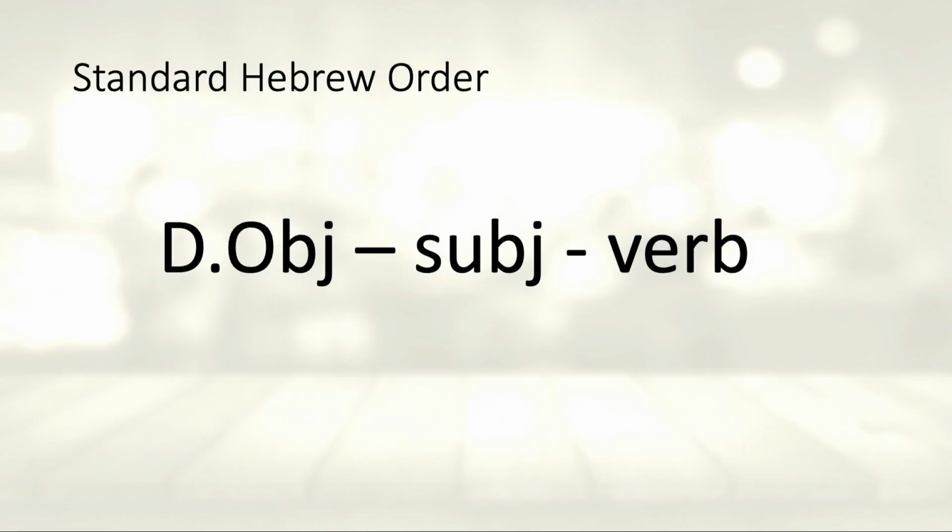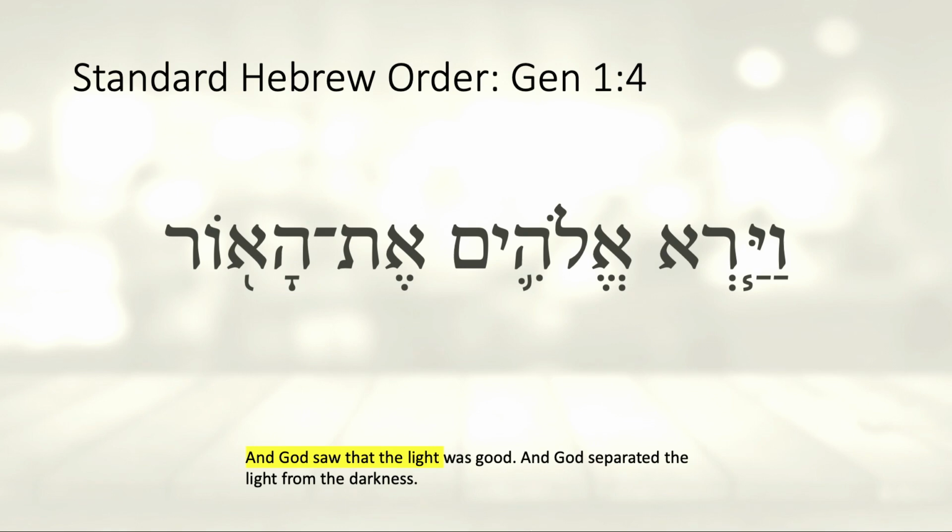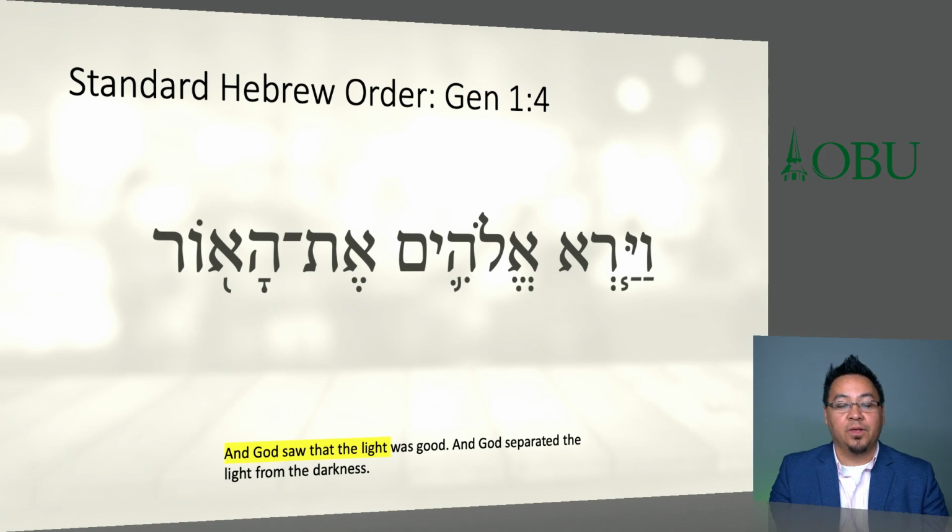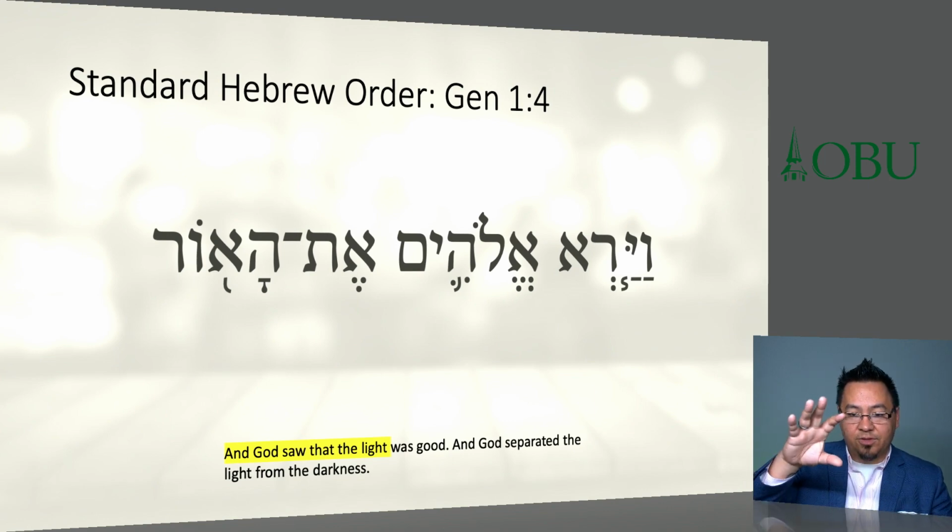So let's look at this passage right here. Genesis 1:4. Vayar Elohim et ha'or. And we see here, and God saw the light. I don't have the entirety of the verse there for you, but and God saw the light. And so we see here, we have yar'a, the imperfect of to see. So who saw? God. The subject comes after the verb.